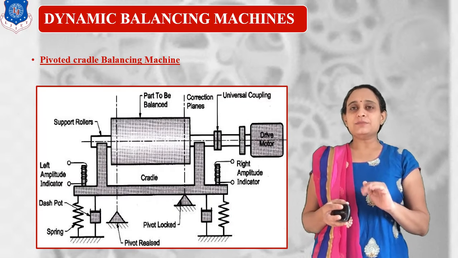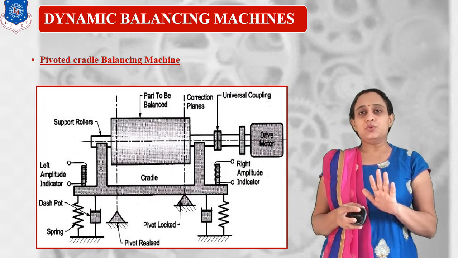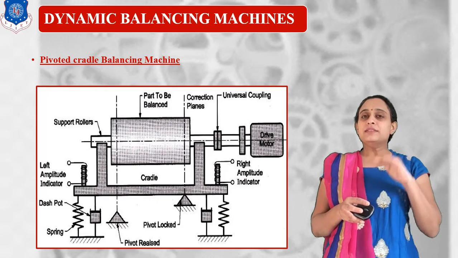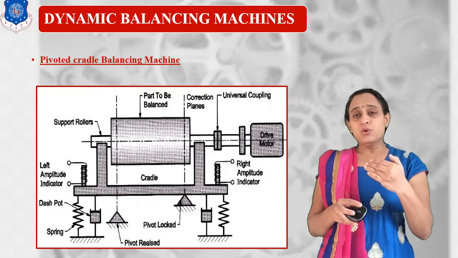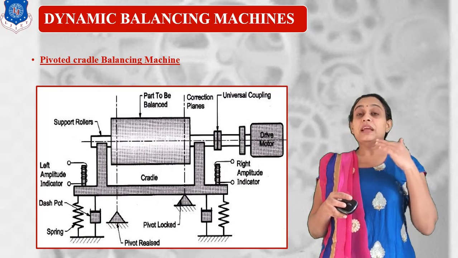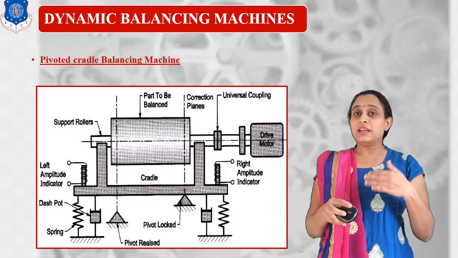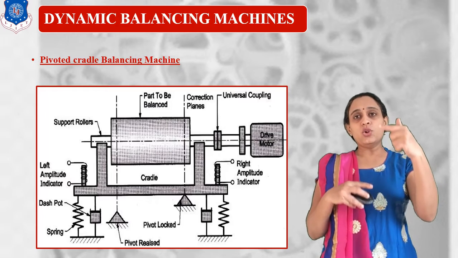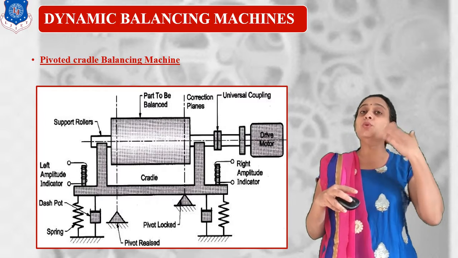Now let us understand. Left and right side amplitudes are mounted on spring as well as damper. Now by the motor with the universal coupling, the shaft is rotated. When the shaft is rotating, with the help of that shaft movement, the whole big part will also move.